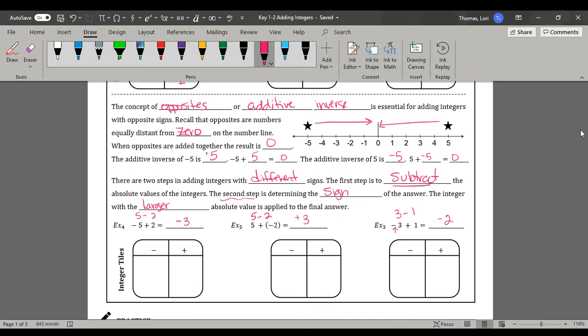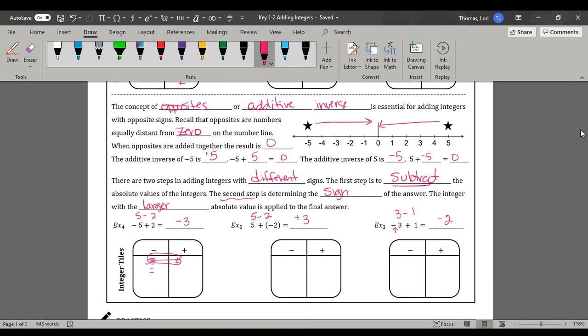So now let's take a look at integer tiles. So we have 1, 2, 3, 4, 5 negatives, and we're adding 2 positives. And this is where the opposite pairs are going to come into play. So when we have a negative and a positive, they're going to cancel each other out. This is where the subtraction part comes in from the rule.